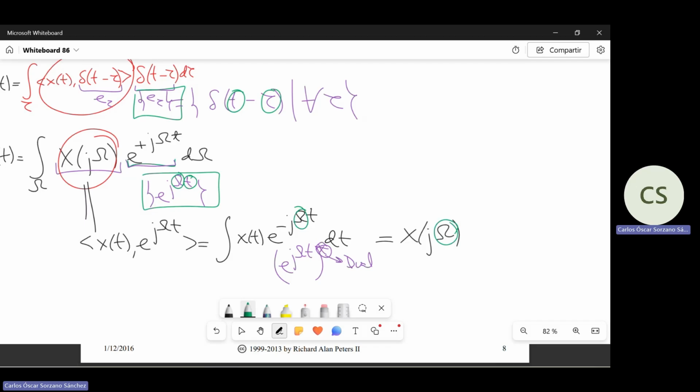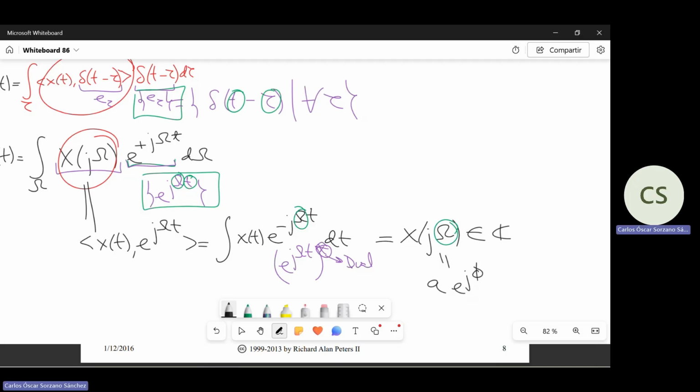It is the argument that modifies the basis function, that chooses which basis function you want. So this coefficient depends on omega. It is a complex number, and if it is a complex number, then it has an amplitude and a phase.